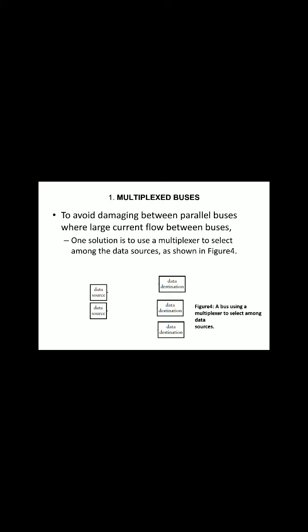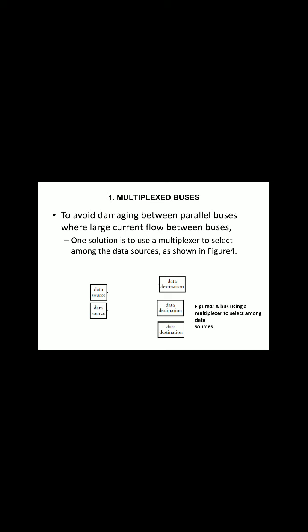In order to avoid wrong data being transferred or data getting corrupted inside the bus, we are going to pass a proper signal by properly selecting it, so we will be using a multiplexer. A multiplexer is nothing but a data selector.